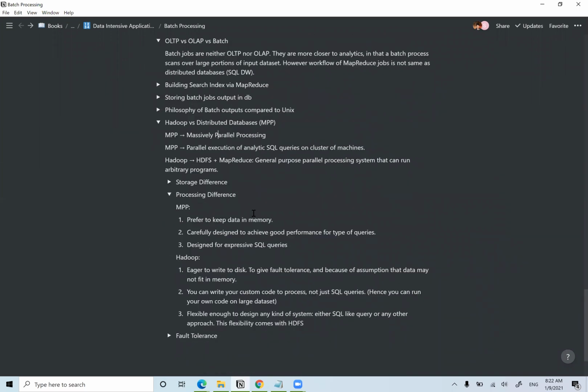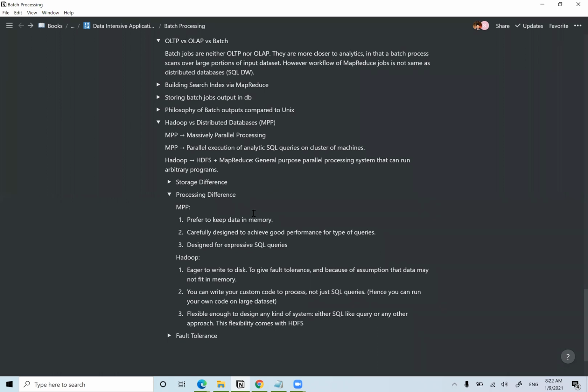So generally these OLAP kind of databases for massively parallel processing, they prefer to keep their data in memory, right? And so basically they only support SQL kind of queries to query your data.